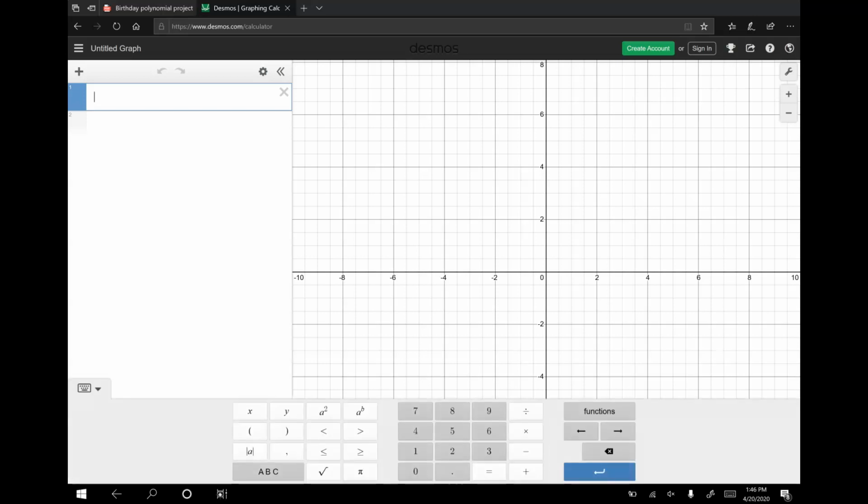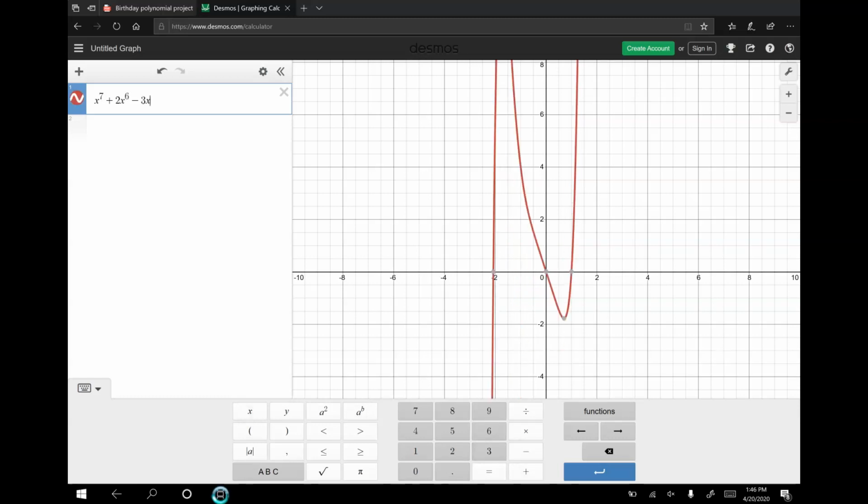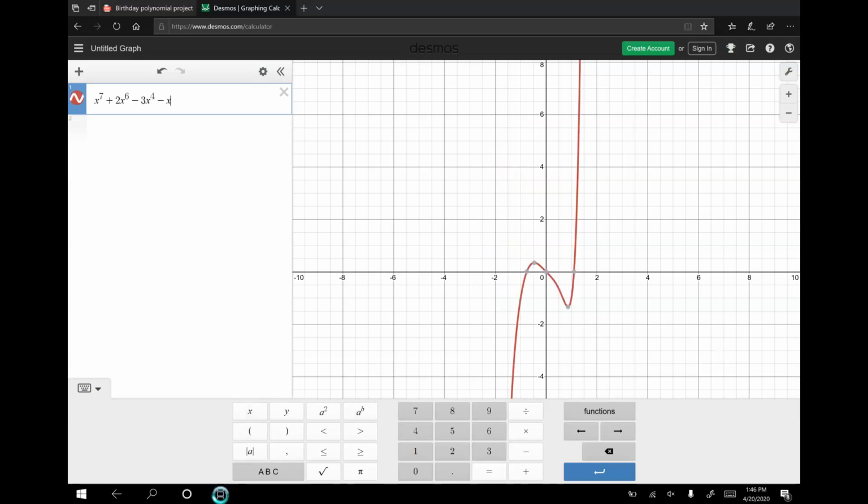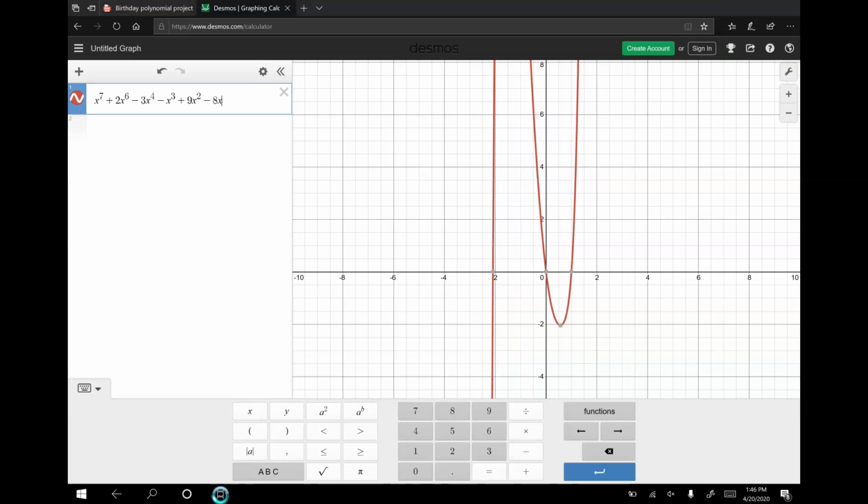Alright, so what I initially had was x to the 7th plus 2x to the 6th minus 3x to the 4th minus x cubed plus 9x squared minus 8x plus 5.